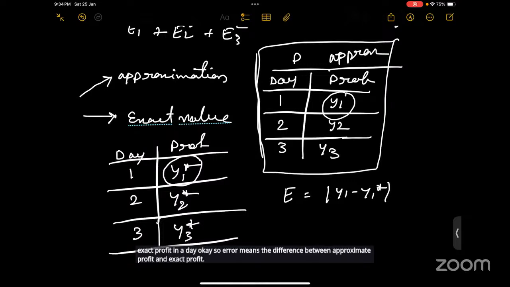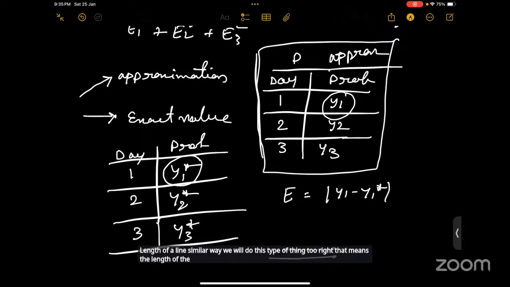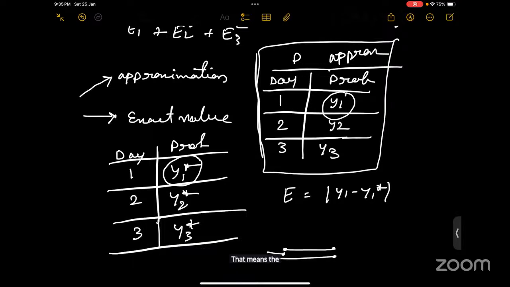If you consider the approximate profit as a point and the exact profit as a point, the difference between these two will be the length of the line between them. Similarly, it is the length of the larger minus the length of the smaller one.